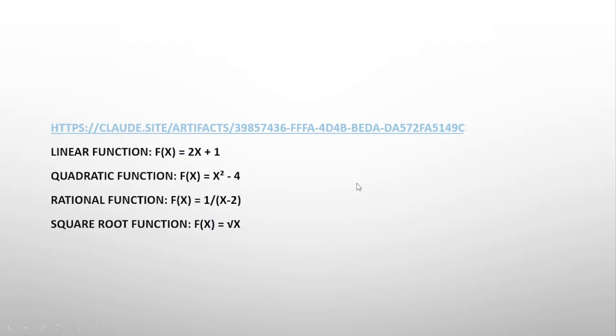Let's wrap things up. I'm just gonna review what we talked about. A function is a rule that assigns every input only one output. Function notation helps us describe real-world problems.